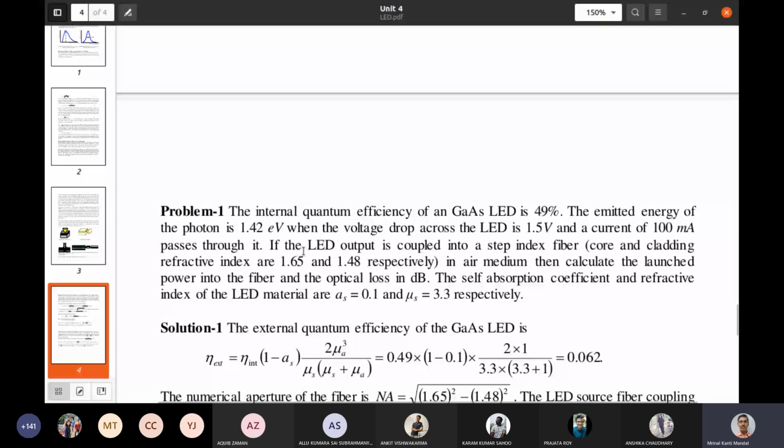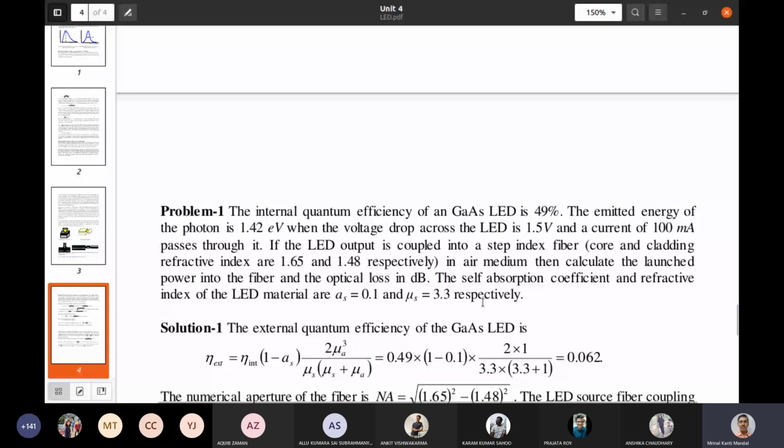If the LED output is coupled into a step index fiber with core and cladding refractive indices 1.65 and 1.48 respectively, in air medium, then calculate the launched power into the fiber and the optical loss in dB. You have to calculate the power launched in the optical fiber and the optical loss in dB.